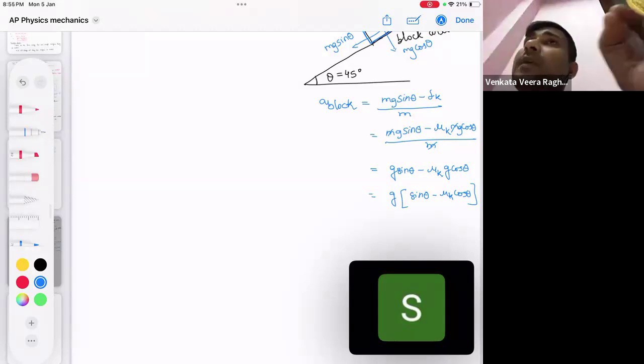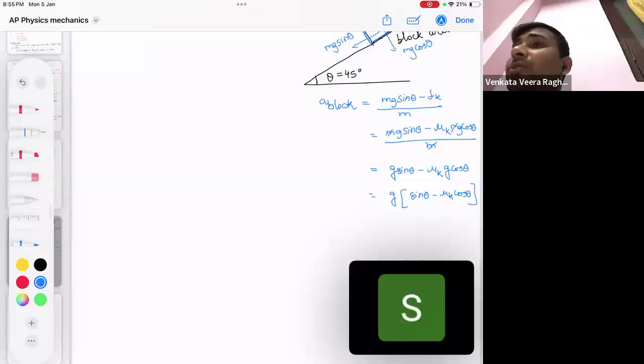Sometimes the question gives mu s and mu k separately, so then I have to use mu s and mu k as separate values. But sometimes you will see a question where mu s and mu k are not given separately. They will just simply state the coefficient of friction is this much. What does it mean? It means they are telling you to take mu s and mu k as the same.